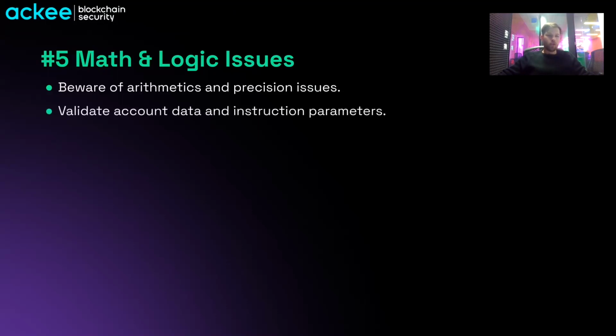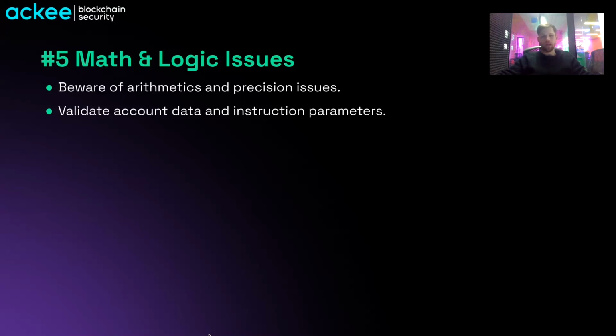Then you should validate the account data and the instruction parameters. Again, Anchor can help you to deserialize the account data, for example. It will help you to check that somebody didn't supply, for example, incorrect accounts with the same structure.